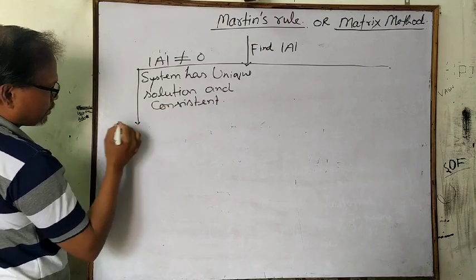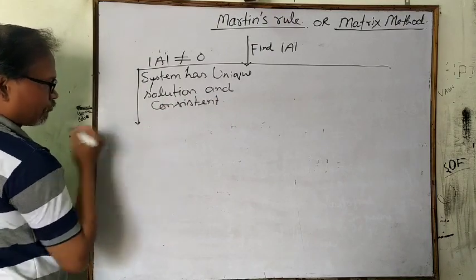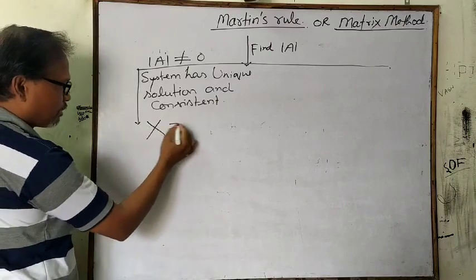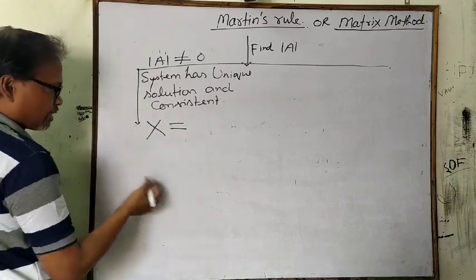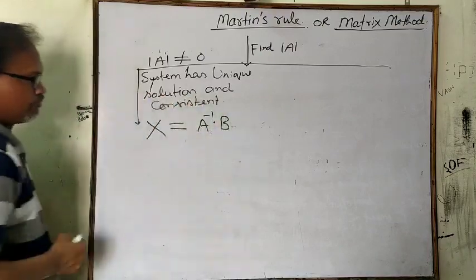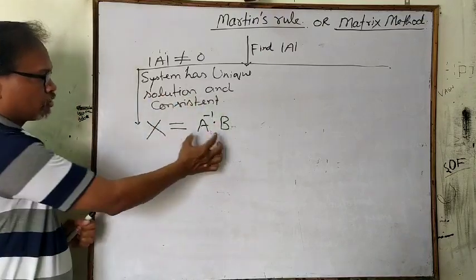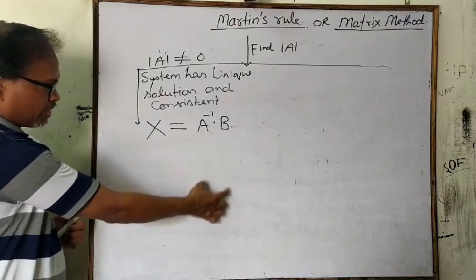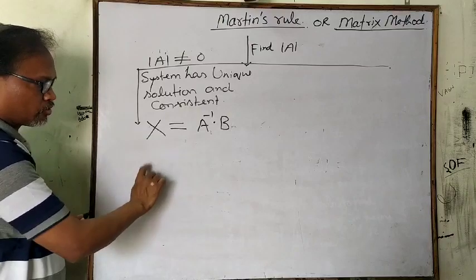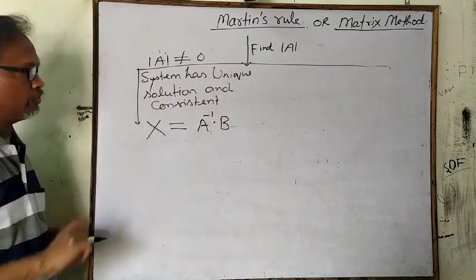For this, directly find A inverse and multiply by the matrix B, so X = A inverse B. By this way, you will get the multiplication as a column matrix, and X is already a column matrix, so you can compare x equal to, y equal to, and z equal to.